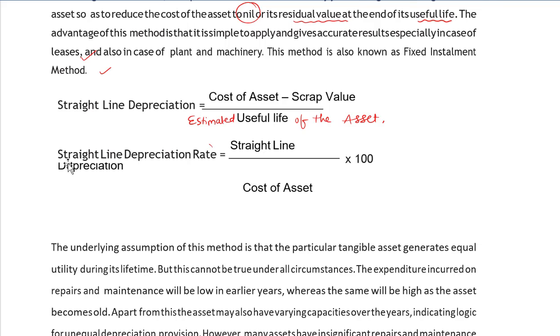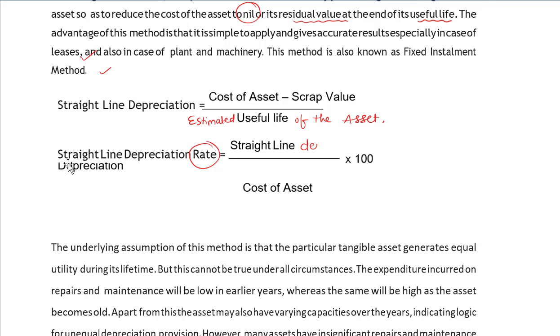How will we calculate the rate of depreciation? Straight line depreciation amount divided by the cost of asset multiplied by 100 will give us the rate of depreciation.